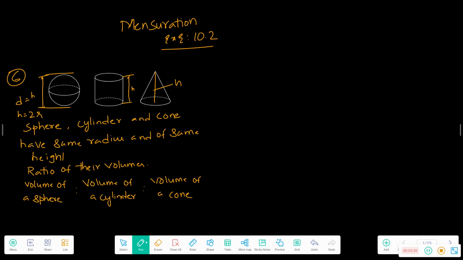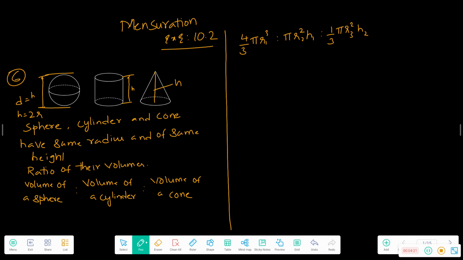Right, children? What is the formula for the volume of a sphere? It is 4 by 3 pi r1 cube, is to the volume of a cylinder, pi r2 square h1, is to the volume of a cone, that is 1 by 3 pi r3 square h2.